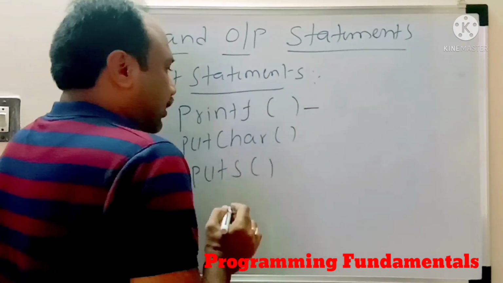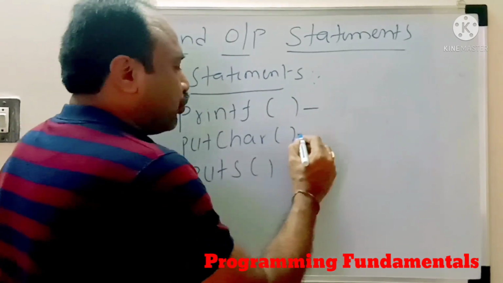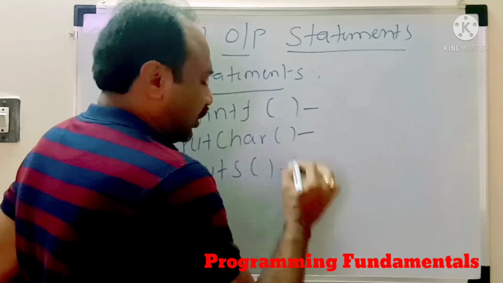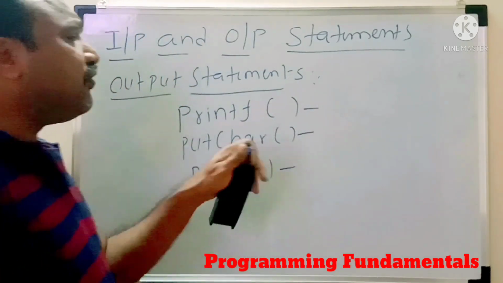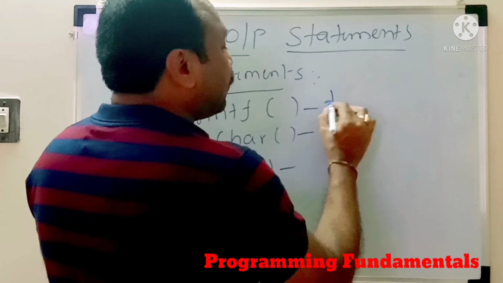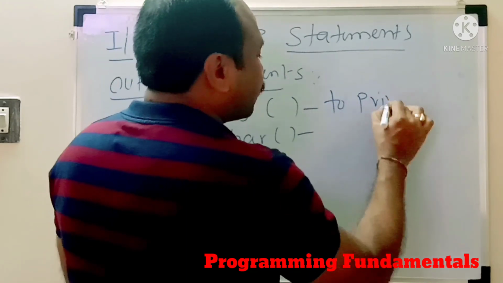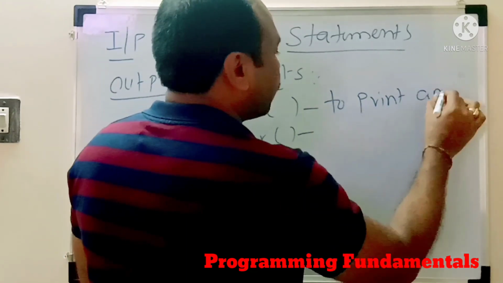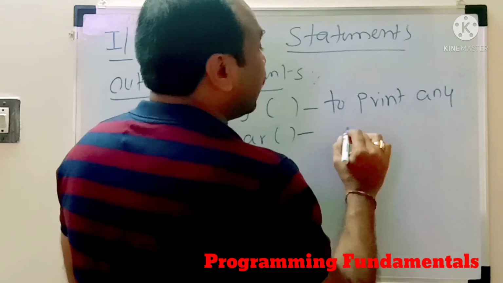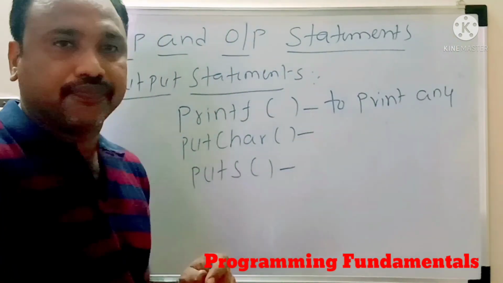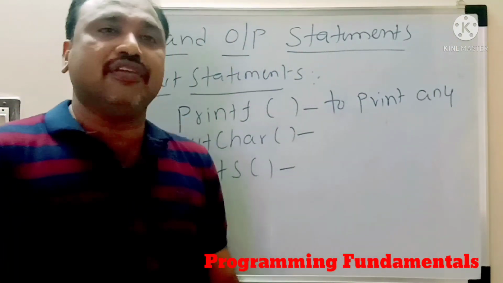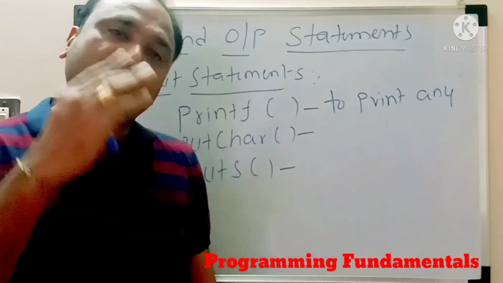So we have printf. Then why do we have to go to putchar? Why do we have to use puts? Printf is used to print any number of values and any type of values. It can print an integer value, a float value, a character value, or a string value.